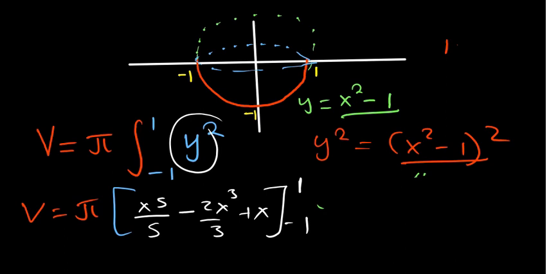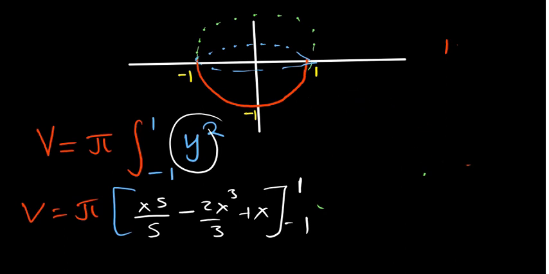At that point, plug in the values. It shouldn't be a struggle. For the upper limit, you plug in 1, so you're just going to have 1 over 5 minus 2 over 3 plus 1, and then minus the other part.